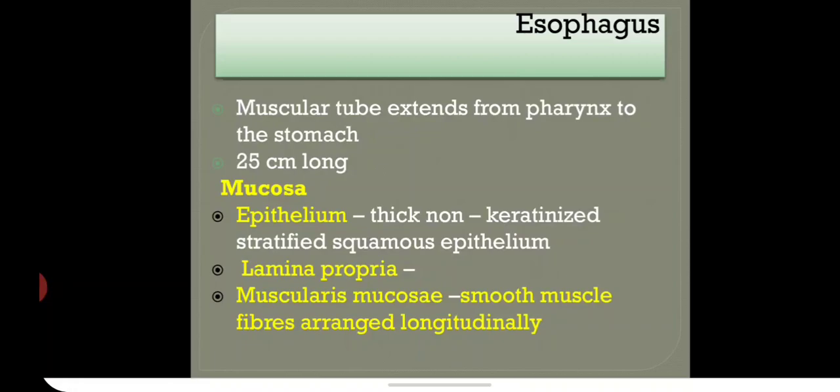These stress factors would disturb a simple columnar epithelium if it were present. So it has been modified, and only in this part the epithelium is thick non-keratinized stratified squamous epithelium. The other layers of the mucosa are the lamina propria, and the muscularis mucosae, which is a layer of smooth muscle fibers arranged longitudinally. So you should appreciate the epithelium of the esophagus differing from the other parts of the GIT.